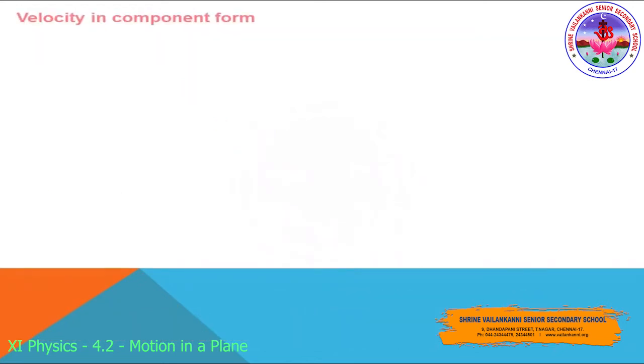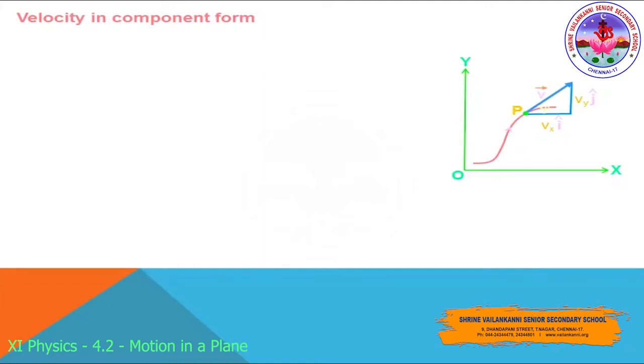Now we can see velocity in component form, that means the rectangular component form, and you may see the graphical representation, that is the components Vx and Vy of velocity. From the point P, we take the two components, Vx i cap and Vy j cap.